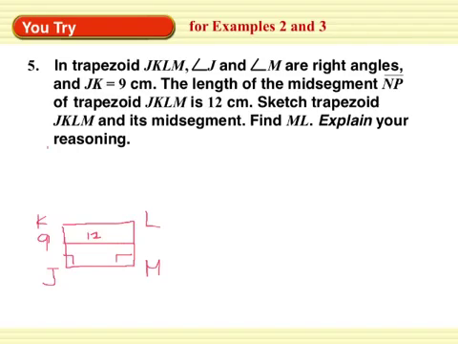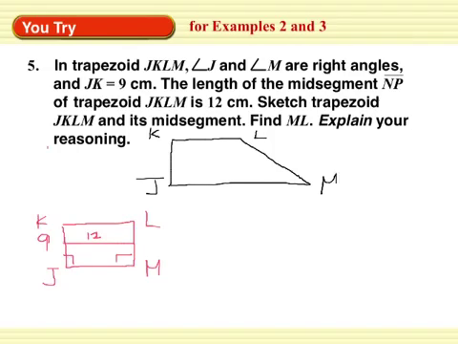Okay, we're going to sketch this one more time. That looks a little better. More like a trapezoid, less like a rectangle. Okay, the midsegment is 12, and JK is 9. I'm doing awesome here. I hope you guys are learning. JKLM. These are both 90, which means that these are both parallel.